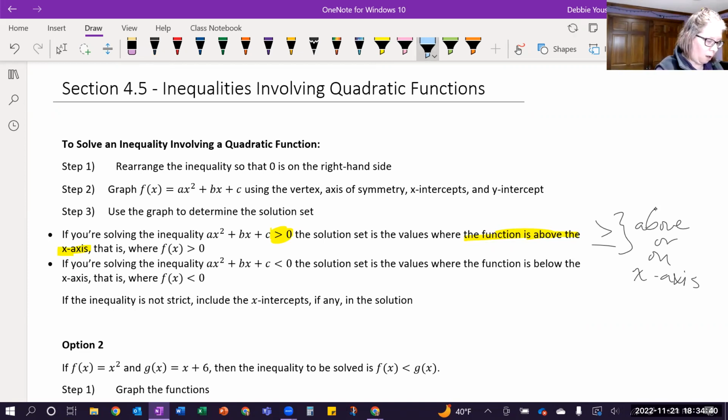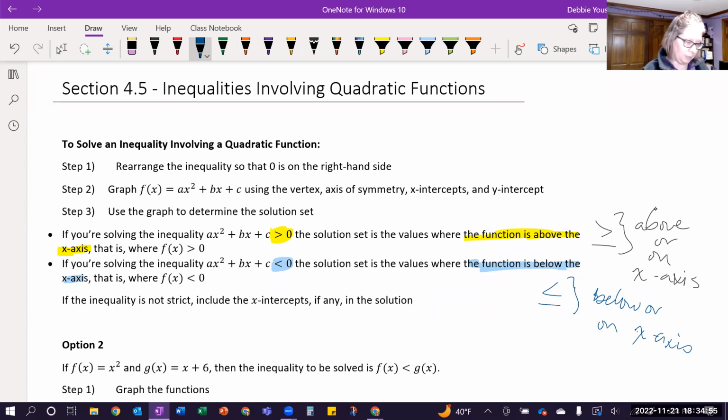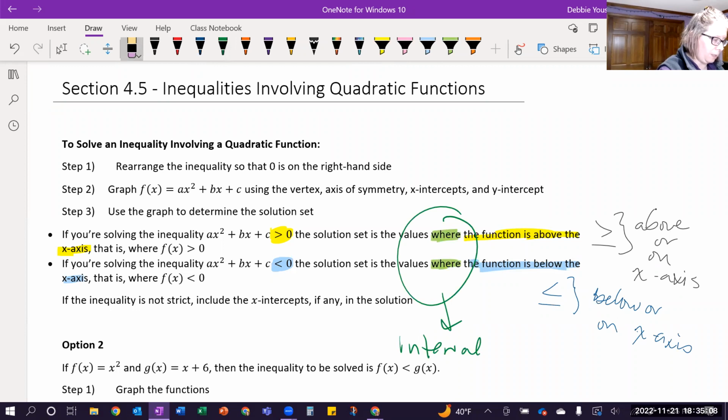But then if you are with less than or equal to, it's where your function is below the x-axis. And so again, if you had less than or equal to, that means below or on the x-axis.